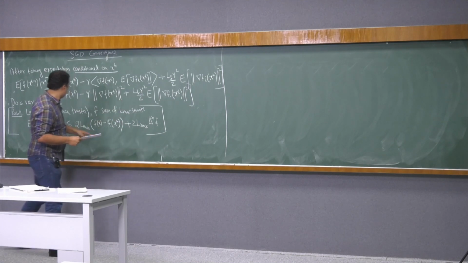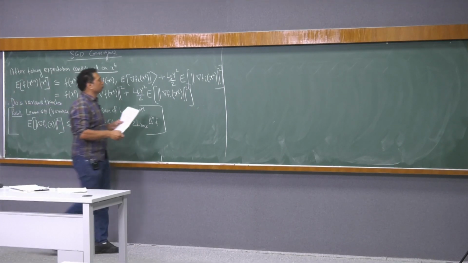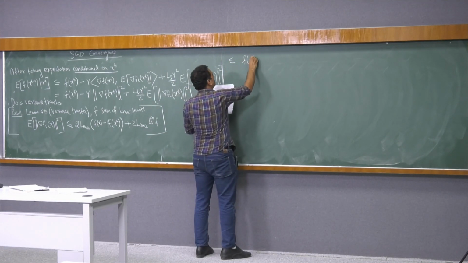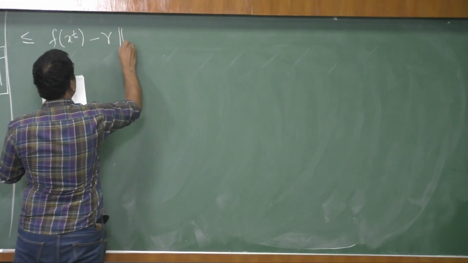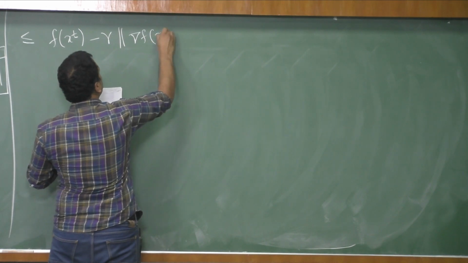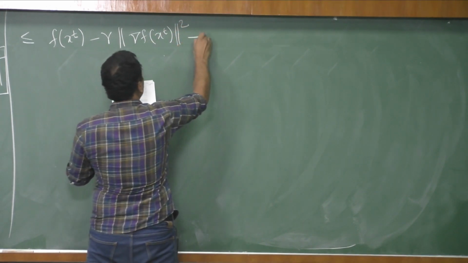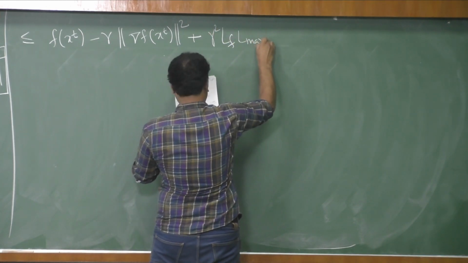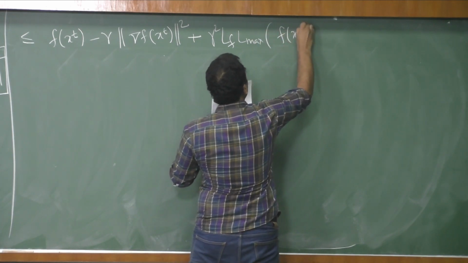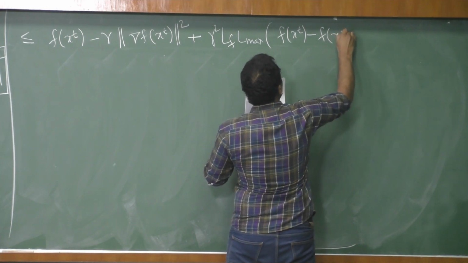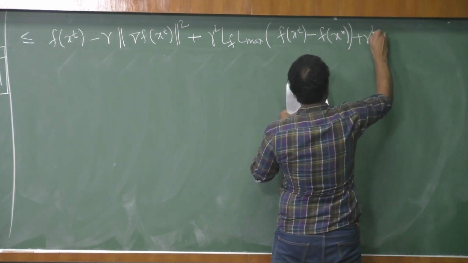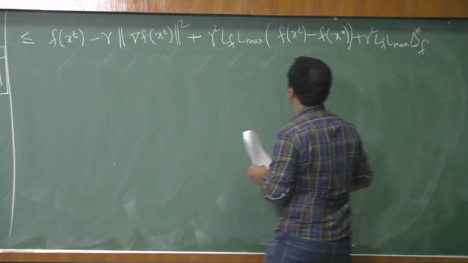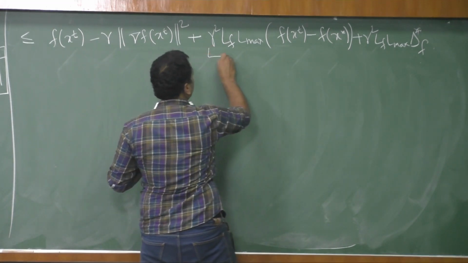This is dominated by this, so we have further less than or equal to f(x_t) minus gamma times the norm of grad f(x_t) squared, plus gamma square L_f L_max (f(x_t) minus f(x*)) plus gamma square L_f L_max Delta star f. So this is the part that we got from the variance transfer.